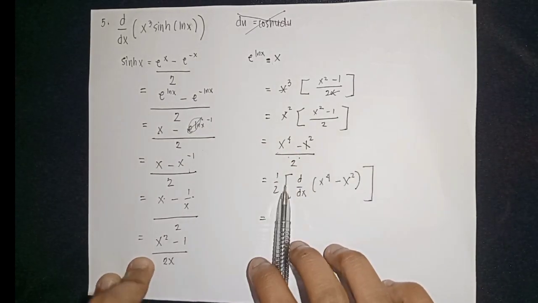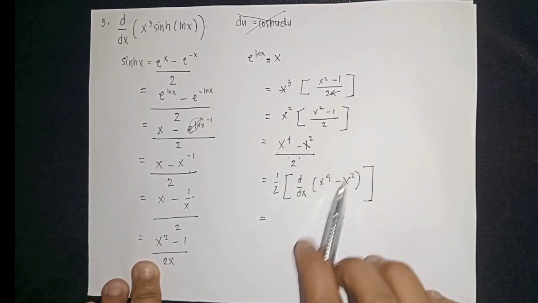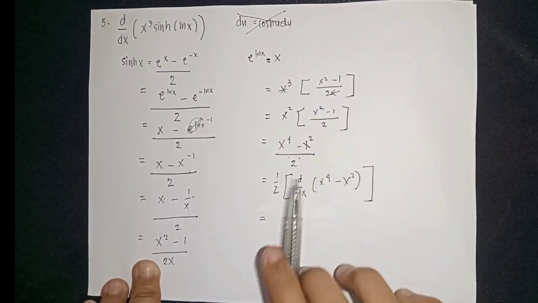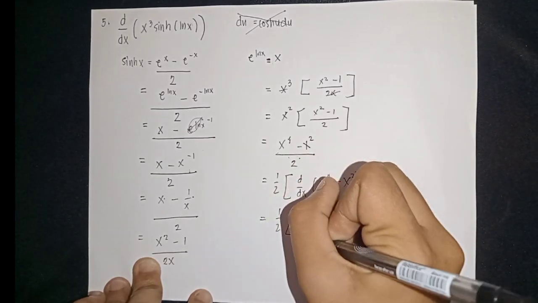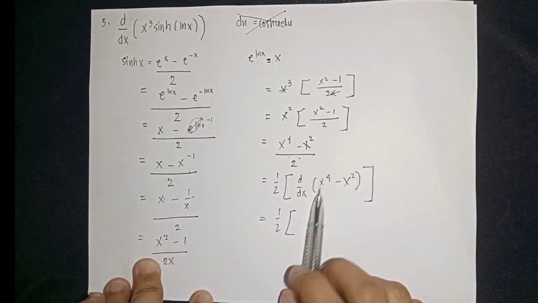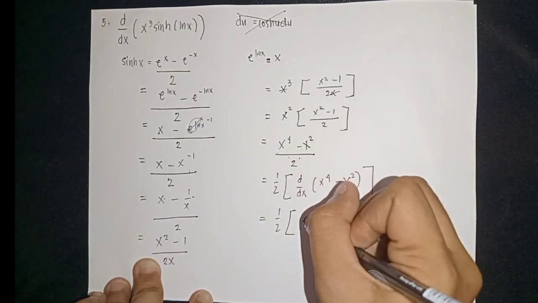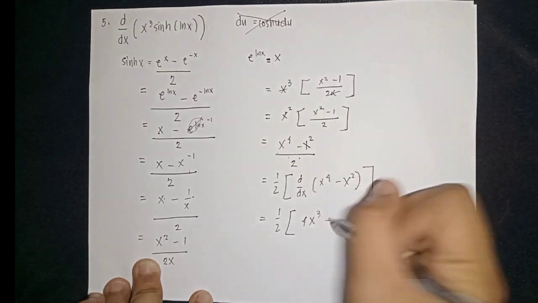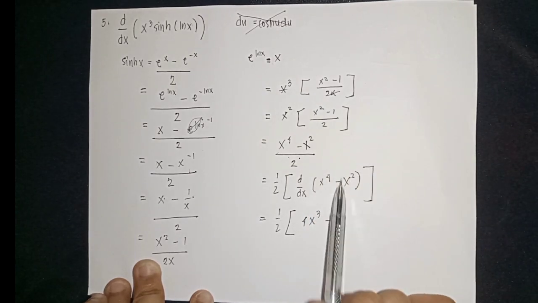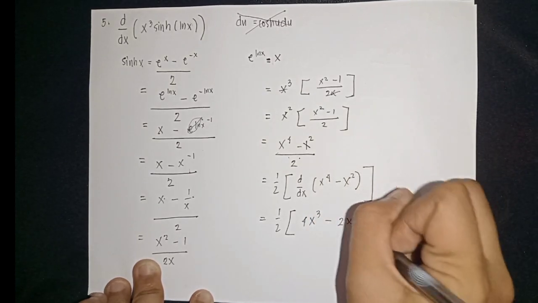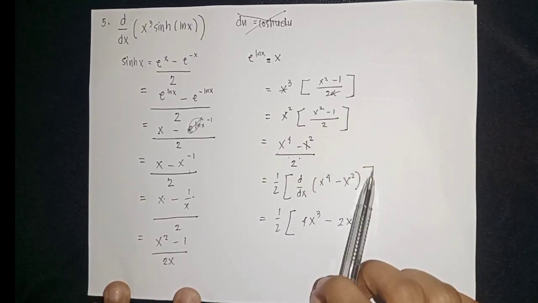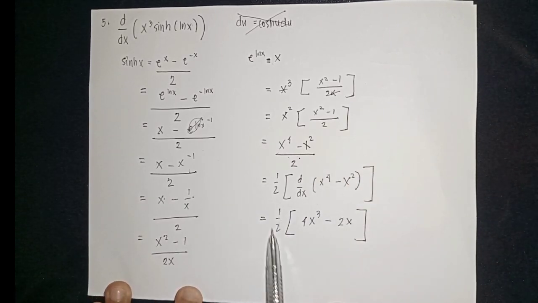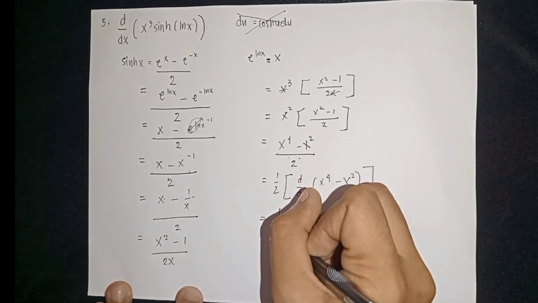So equals 1/2. Copy the 1/2. So we need to find the derivative of x raised to 4 minus x squared. We all know the derivative of x raised to 4 is 4x cubed, and the derivative of x squared is 2x. We notice that we can find the common factor of 2 and 4.